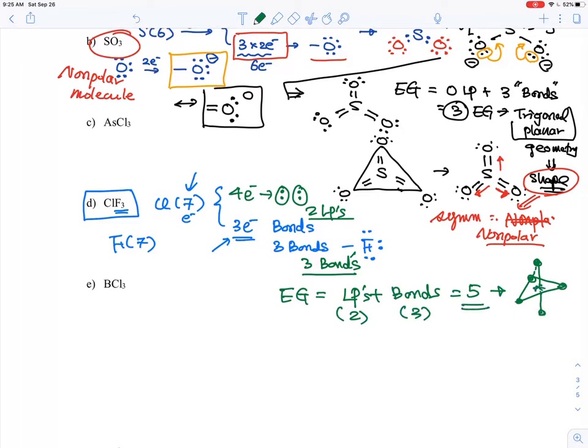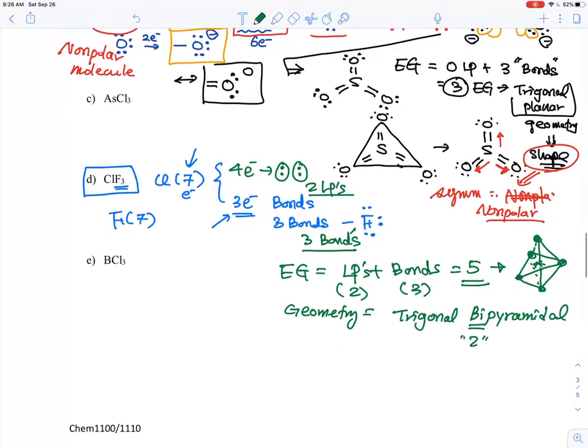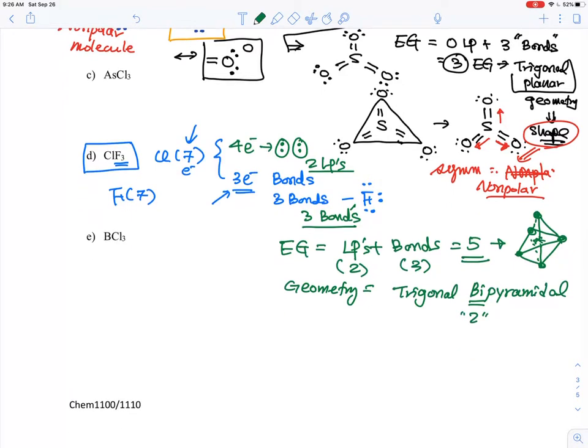This is what we call the geometry, called trigonal bipyramidal, because it's a triangle, but there are 2 pyramidal structures. Right? So bi means 2, right? There are 2 pyramidal structures, one up there, the other at the bottom, so this is a triangle with a pyramid upside down, and both are there.